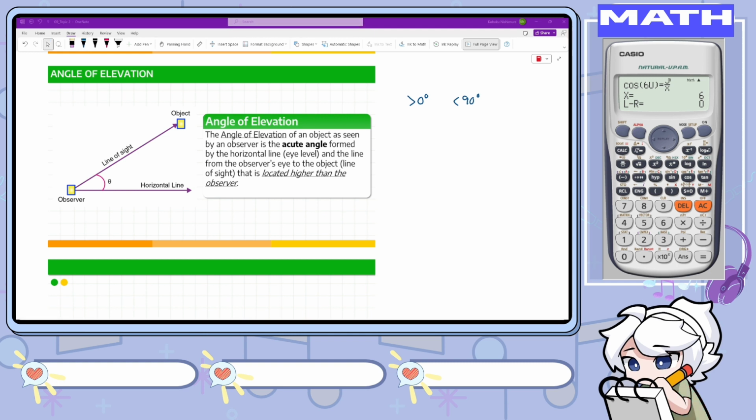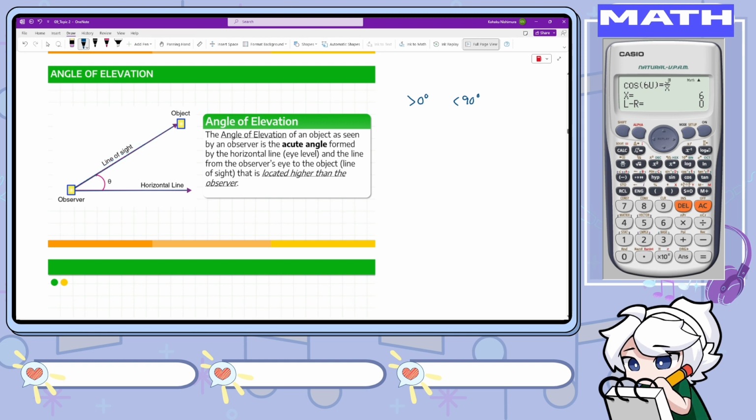So remember that part. Now, the angle of elevation is when the object is up. If you're looking up, this particular example is the elevation. With respect to your horizontal line from where you are, if you look up, that is your line of sight.